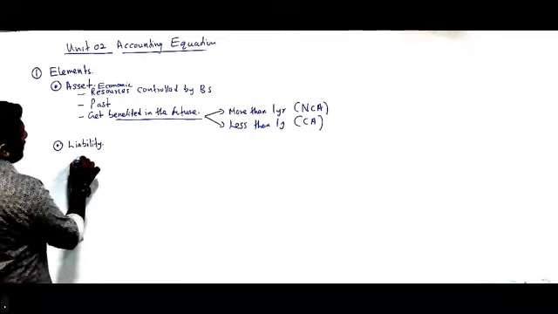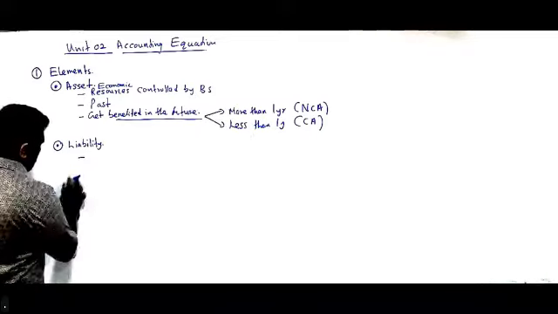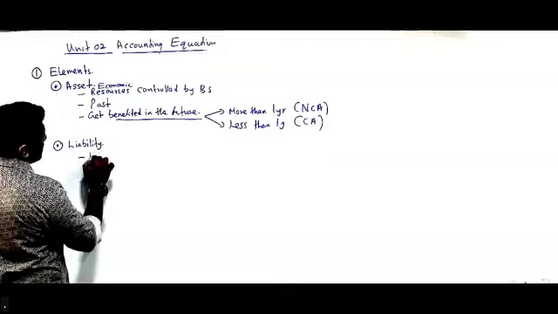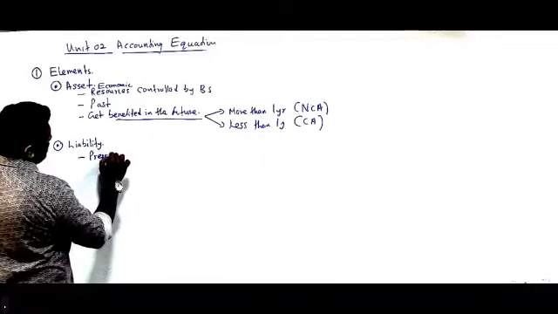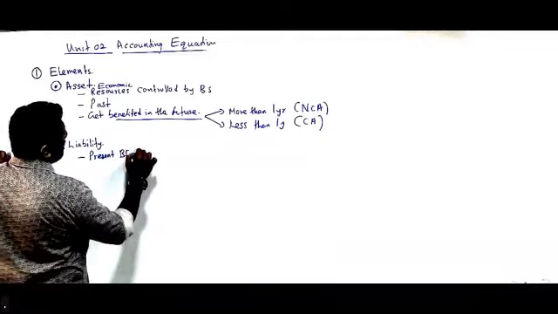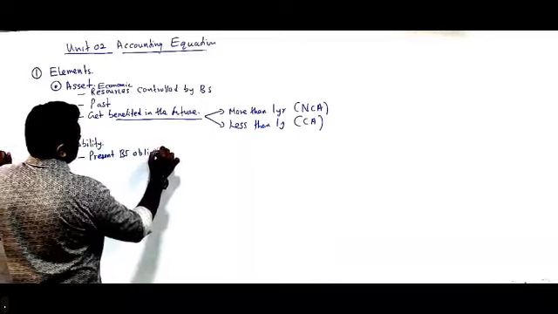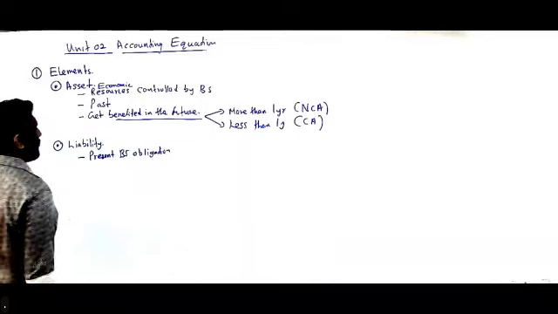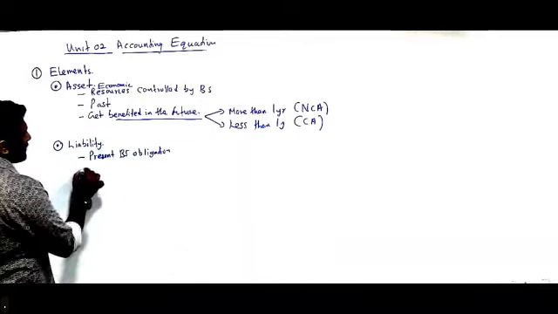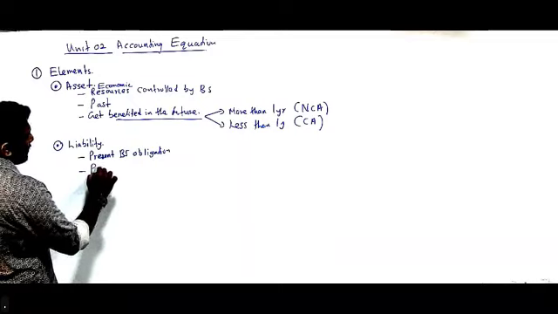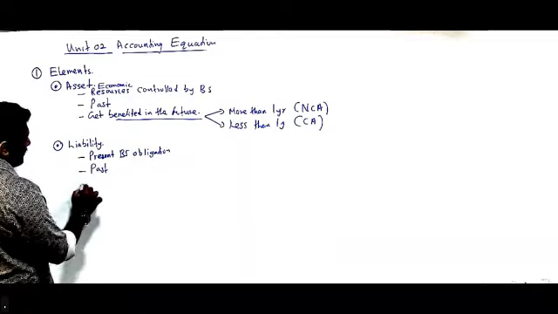So liability, first point: liability is a present business obligation, arising as a result of past transaction or event.